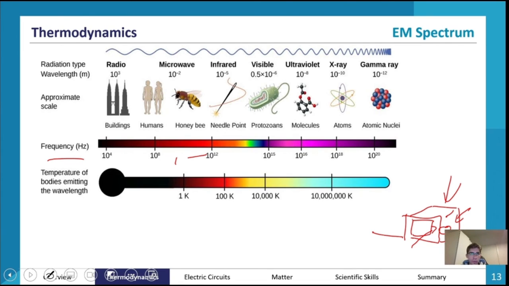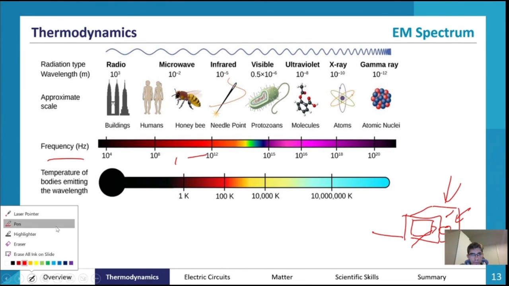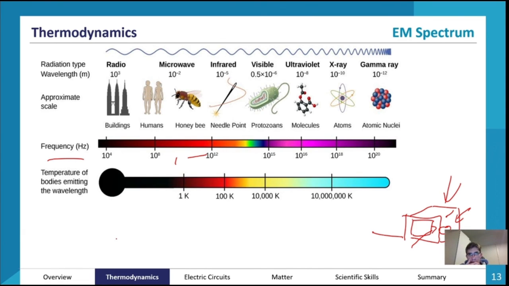In year 12 physics, you will be required to know one use of infrared radiation, and the use is that you can use thermal goggles to detect body heat from different animals or people, for that fact.